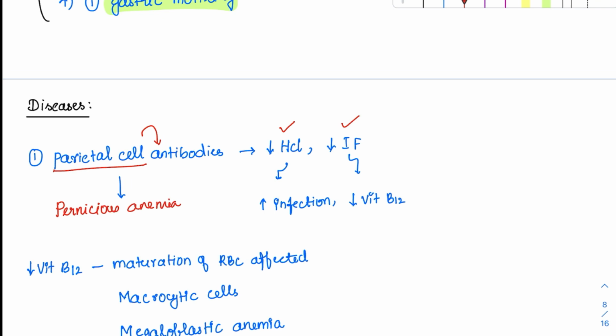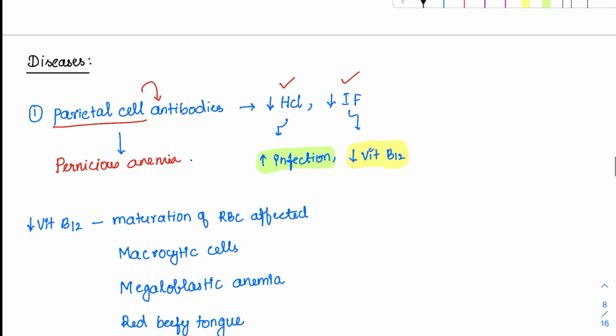So this pernicious anemia is happening because of which vitamin deficiency? It is happening because of vitamin B12 deficiency. And less HCl will increase the chances of infection because HCl is a strong protector against infections. So in pernicious anemia, the patient will have these two: infection will develop and they will develop vitamin B12 deficiency also.